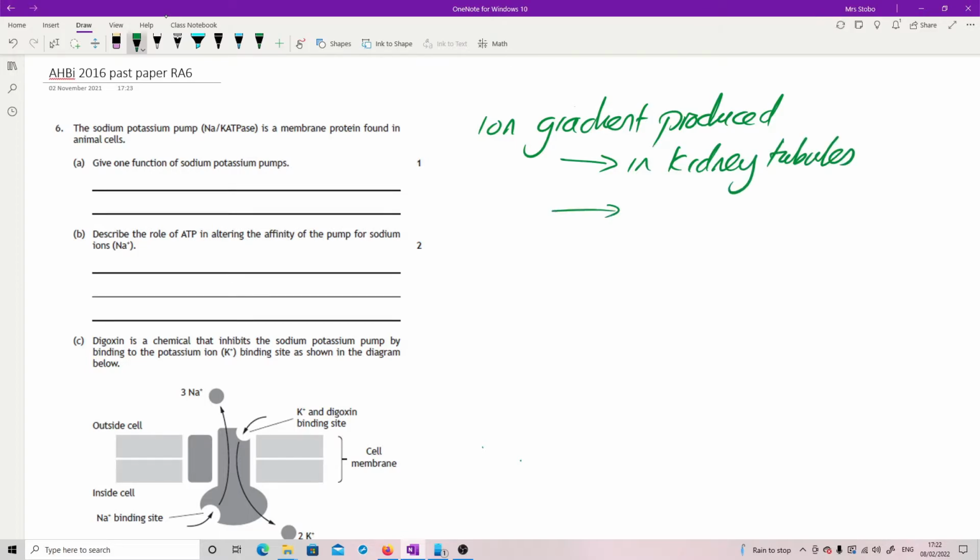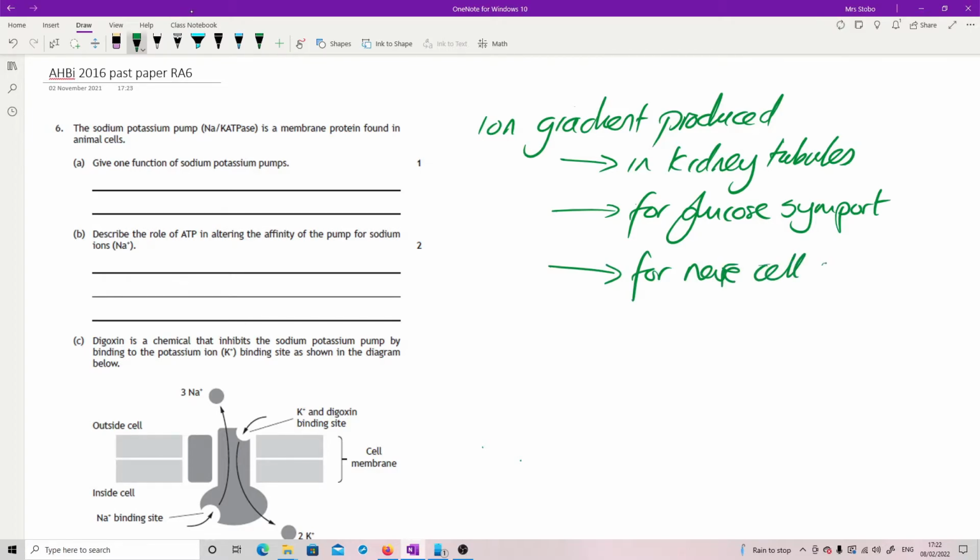You can use that for glucose transport, but more specifically, you're going to have to say symport, because that's moving with the ions. And also for nerve cells, nerve cell potential.